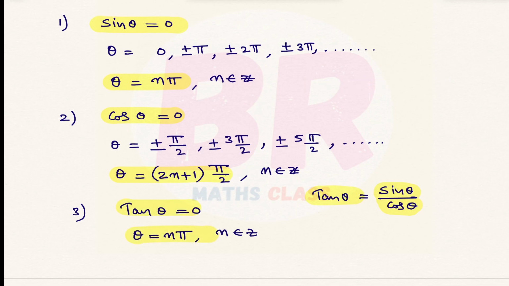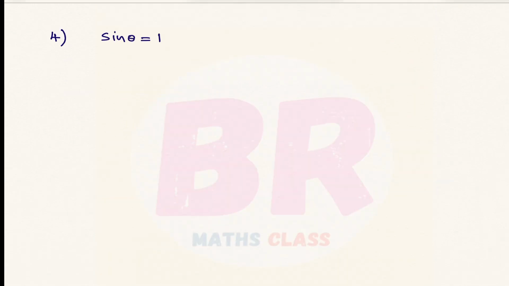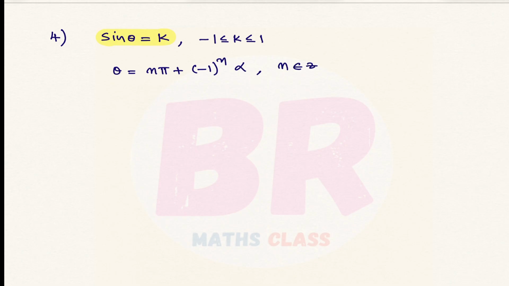You learn general solutions of the trigonometric equations sin theta equal to 0, cos theta equal to 0 and tan theta equal to 0. Now the general solution for sin theta equal to k. What is k? K can be any number between minus 1 and plus 1. The general solution for this trigonometric equation is theta equal to n pi plus (minus 1) whole power n into alpha, where n is an integer and alpha belongs to the closed interval minus pi by 2 comma pi by 2.